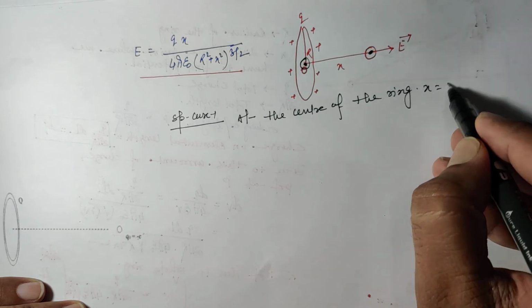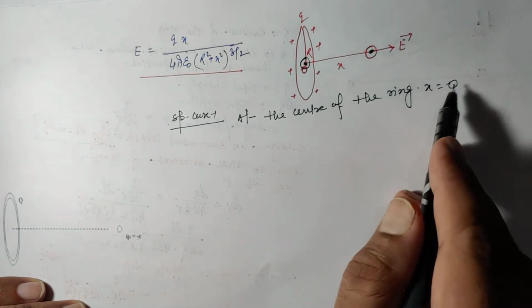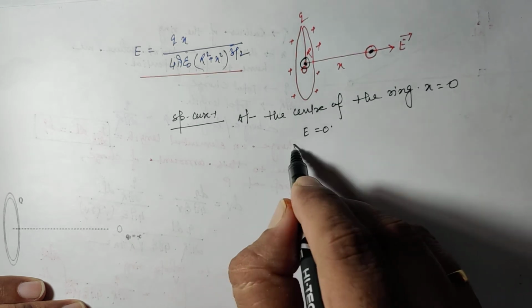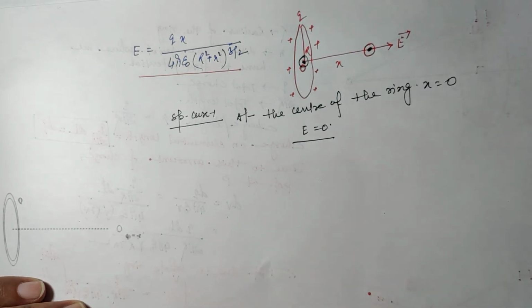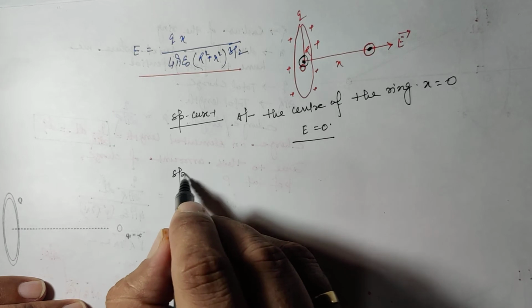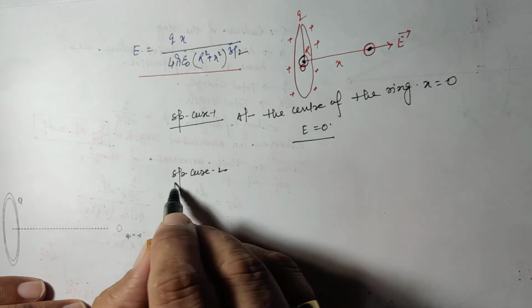So at the center of the ring, x is 0. Put this value of x in this expression, what do we get? We get 0 intensity. So no matter whether the ring is positively charged or negatively charged, the intensity at its center is 0.